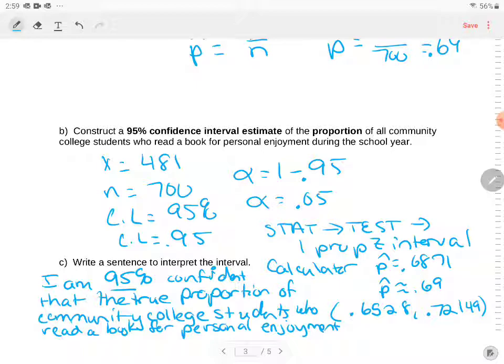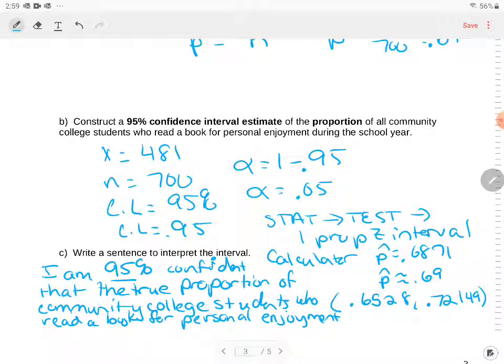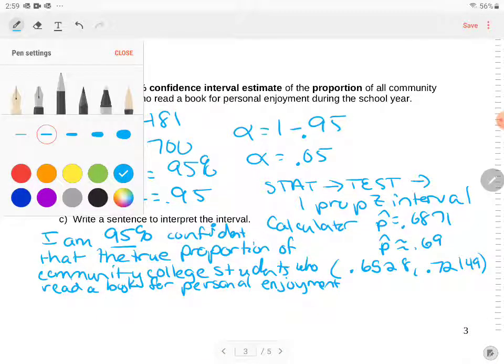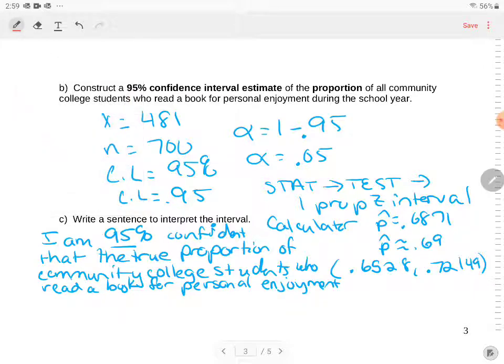Let me get a different color here so that you can see what the blanks are. Let me do this one more time. This is your first blank, that the true proportion of, and then this was the second blank.